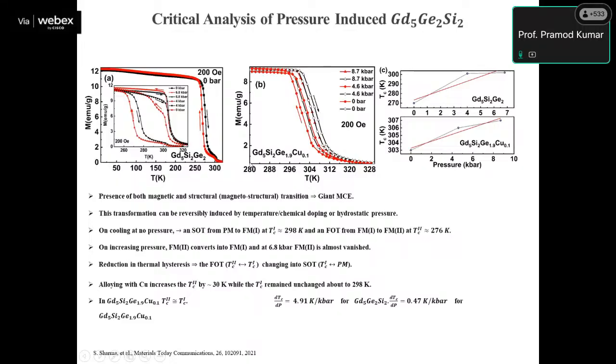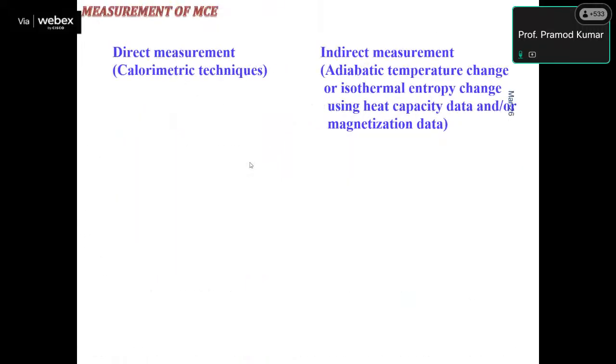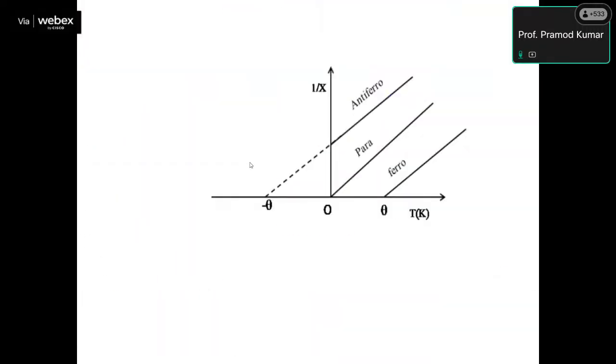So in that way, for any magnetic material, it depends on how the dipole moments are aligned. That decides whether you have ferro, antiferro, para, or ferri.